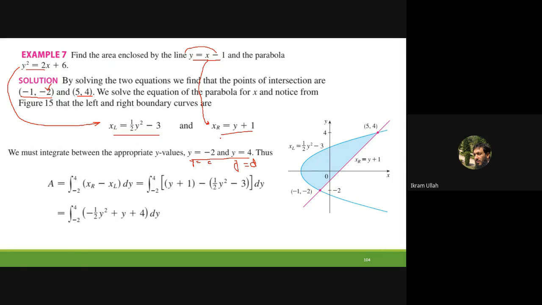Thus in integral form, the area A equals the integral from minus 2 to 4 of x_R minus x_L, right curve minus left curve, dy. Using the values of x_R and x_L and simplifying, this is the integral of minus one half y squared plus y plus 4 dy.